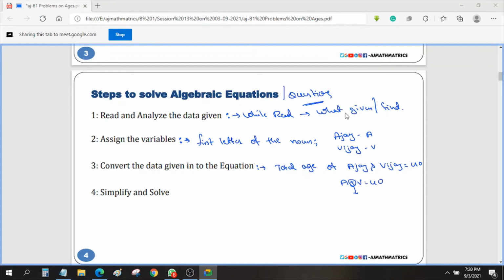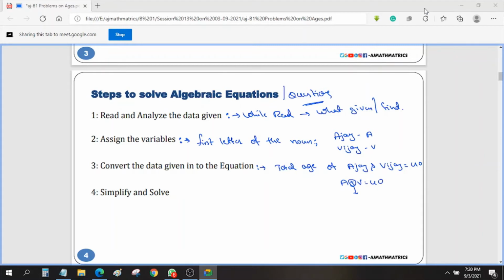Okay, so like that, in what cases we'll take plus, in what cases we'll take minus, in what cases we'll take multiplication. So there are some rules. Okay, so if it is total sum, then we can easily take plus. So when it is like difference between the ages of Ajay and Vijay, in that case we will take minus.